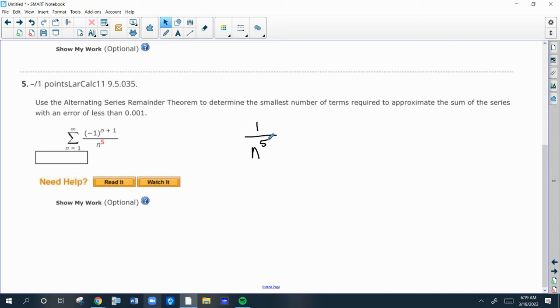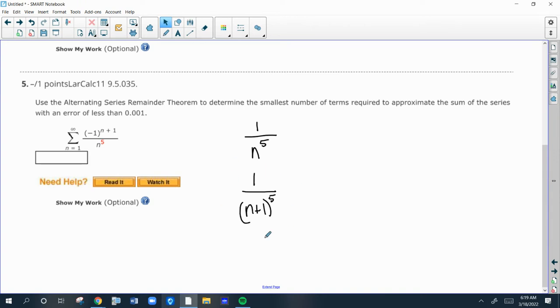Our last term will be 1 over 6 to the 5th. That tells us what the approximate sum is. The error would be that first term we omitted, so the next term, which is the n plus first term. Hopefully that didn't sound like a great explanation to me. Hopefully it sounded better when you actually listen to it.